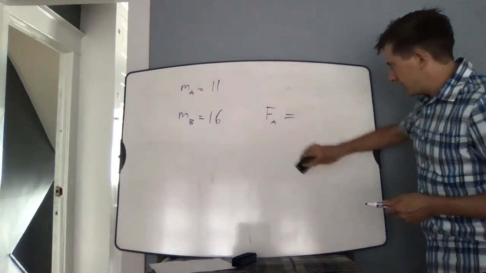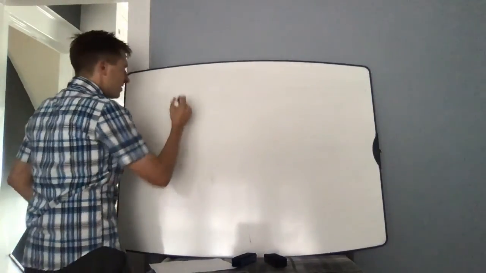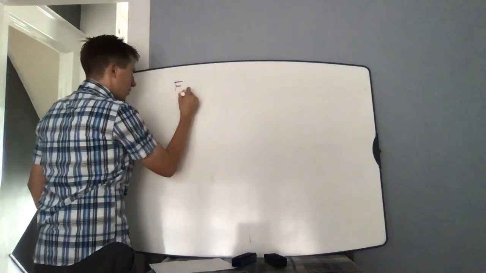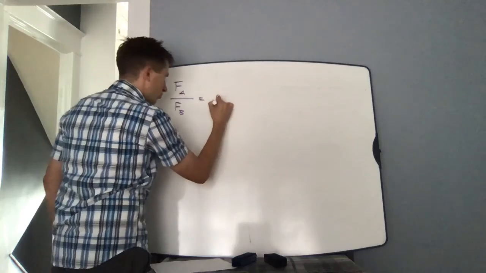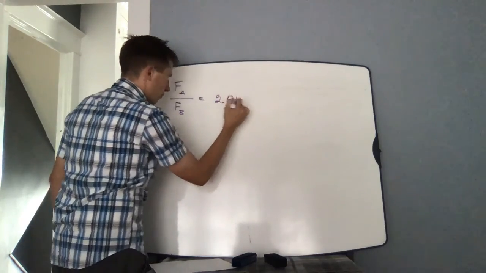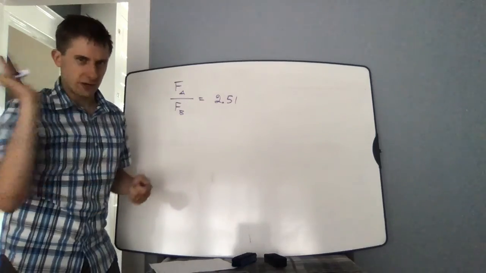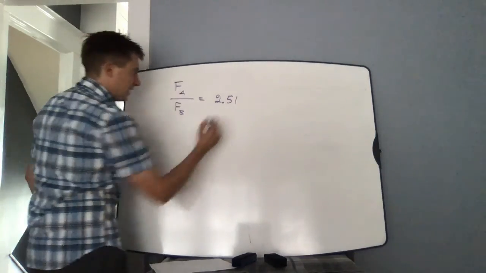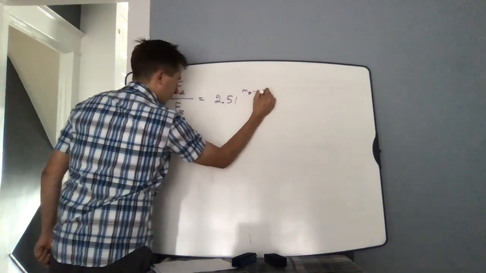So what we did, we extrapolated this idea and we said, okay, that means FA over FB is going to be equal to 2.51. There are a few other decimals after this 2.51, but we're just rounding and ignoring them. And then I raise that to the power of MB minus MA.